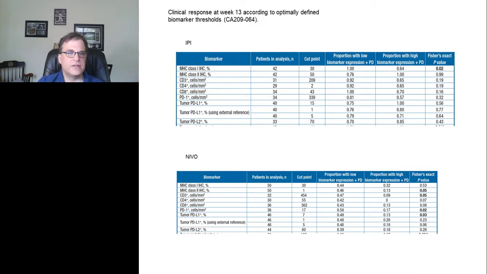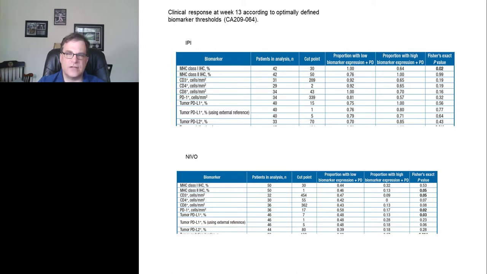So when we looked at the patients who got IPI first versus patients who got nivo first, what we found is that patients who had a downregulation of class 1, that is a 50% reduction or loss of class 1, did not have as favorable outcomes to ipilimumab therapy first, and any benefits were dependent on class 1 expression being fairly normal.